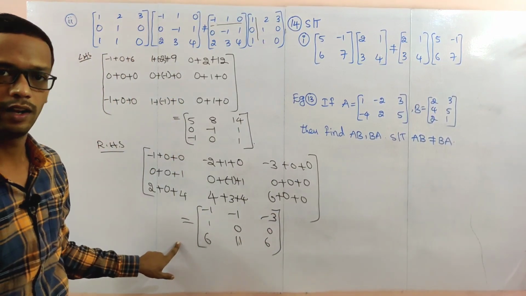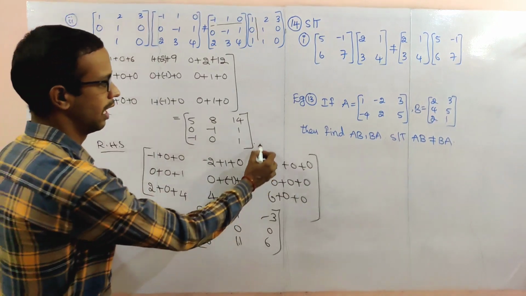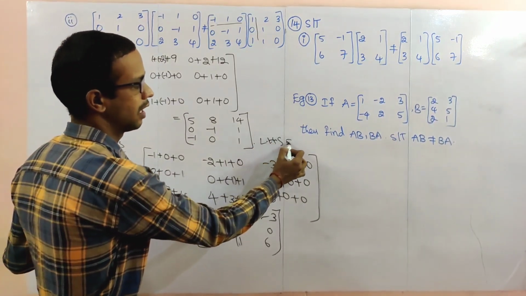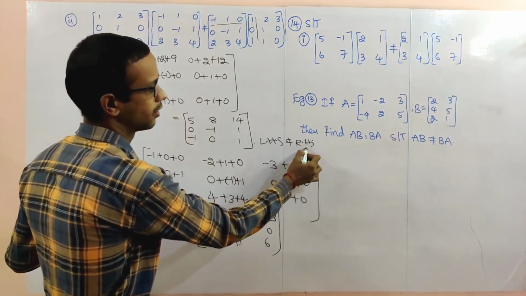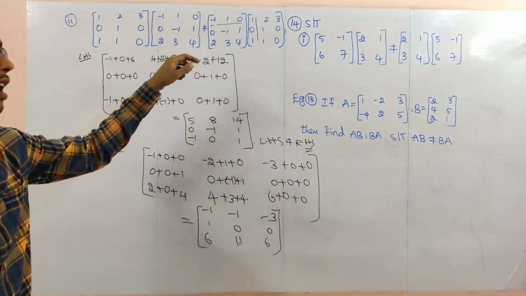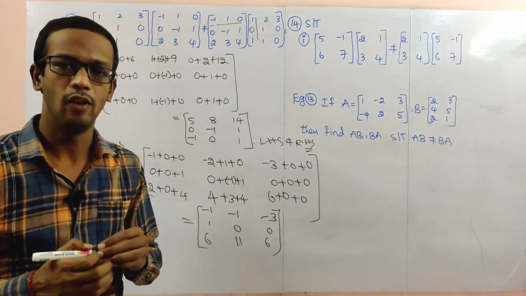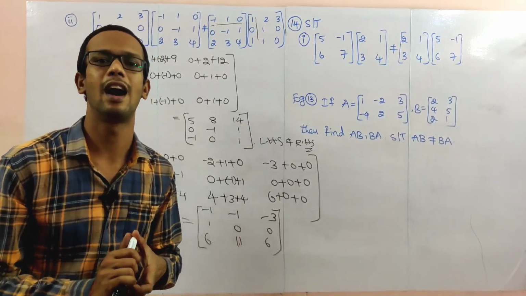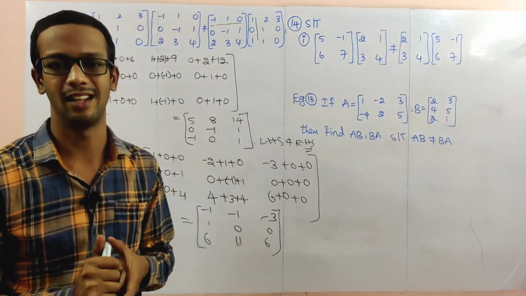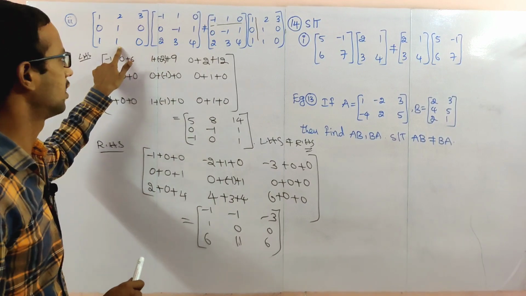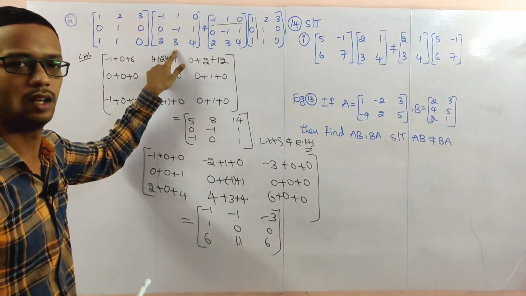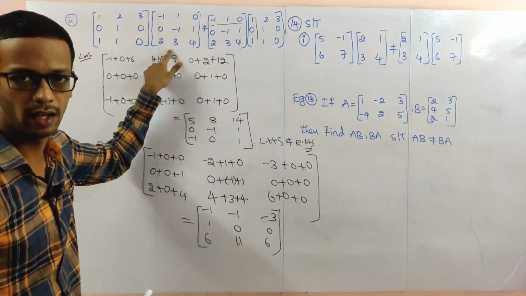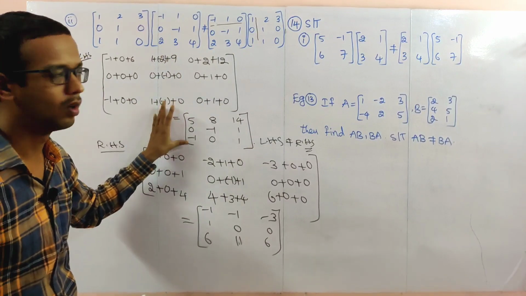Both are equal? Not equal. Therefore, LHS not equal to RHS. You observe here, very important: the commutative law does not necessarily hold here. Why? Because you observe, this is A, this is B. AB equals one value.